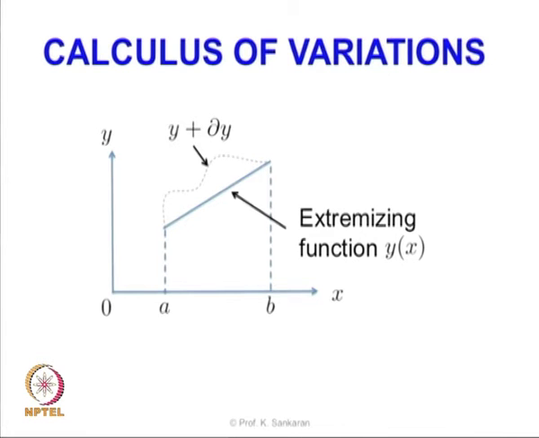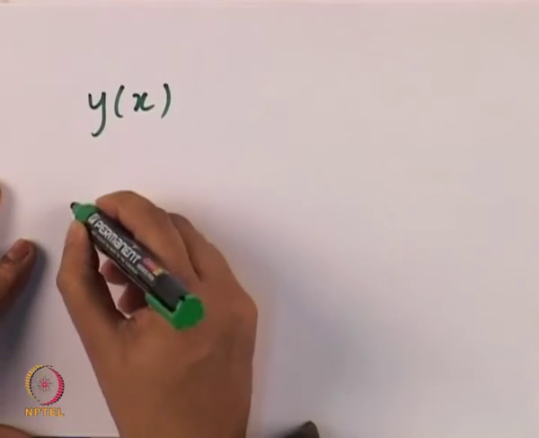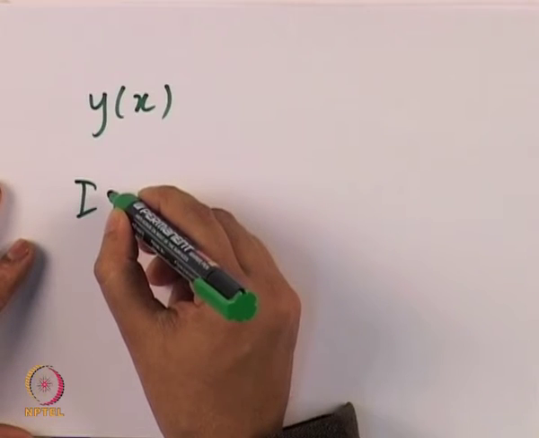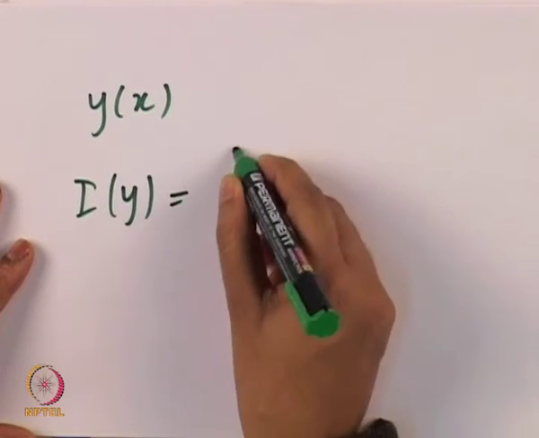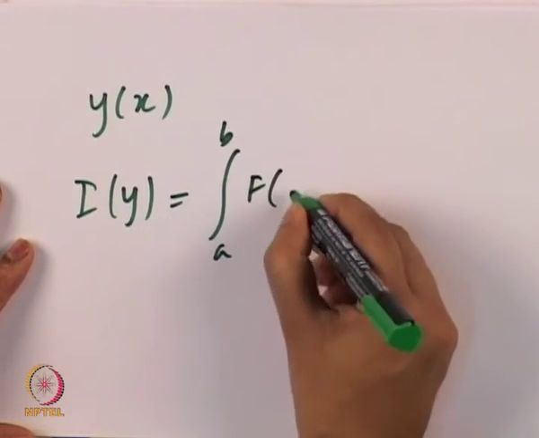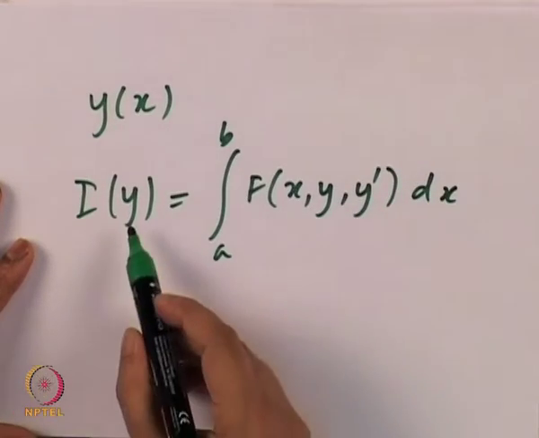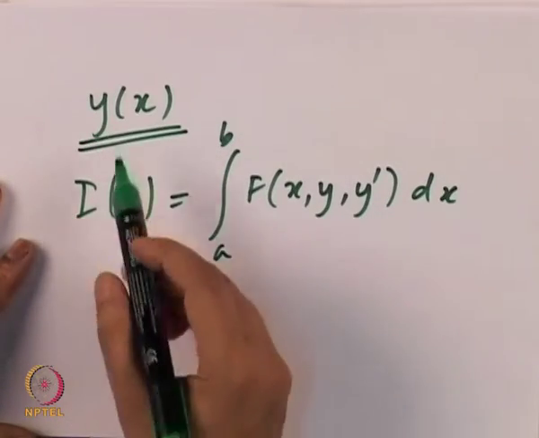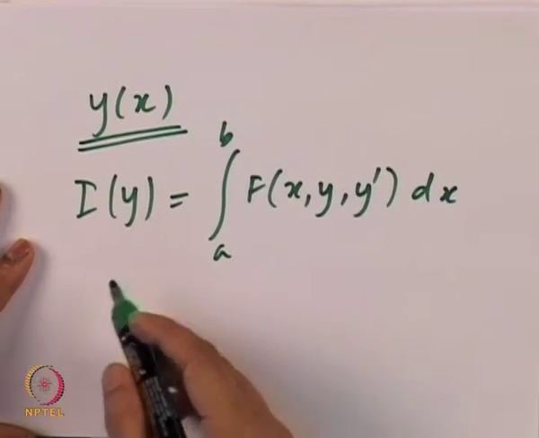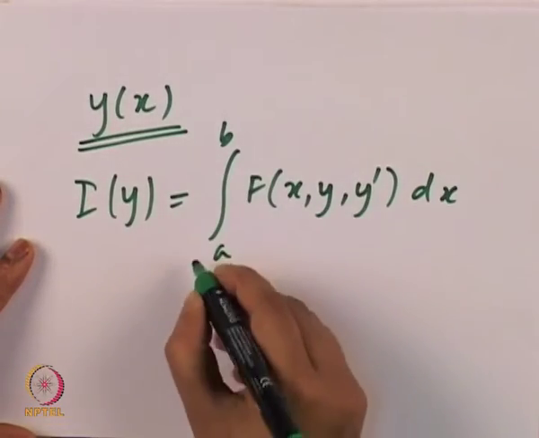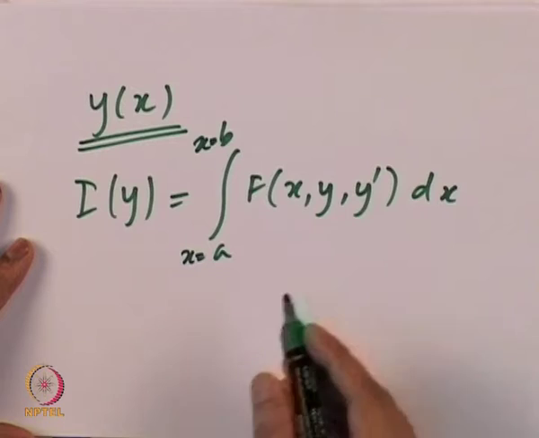So let's say we are interested in the function y of x, but instead of finding the function itself, we say that there is an integral, which I call I of y, of the form integral from a to b, that is x equal to a to x equal to b, of f of x, y, y dash, integrated over dx.